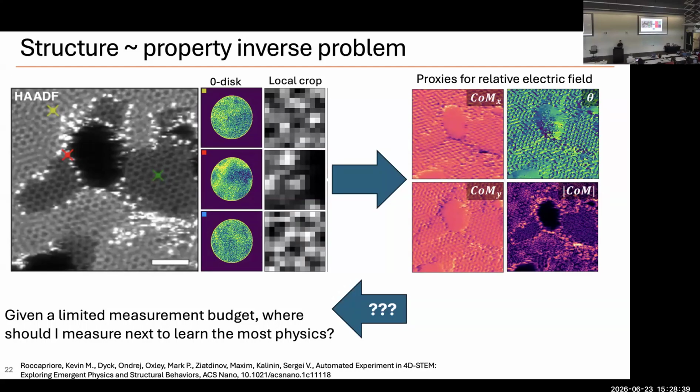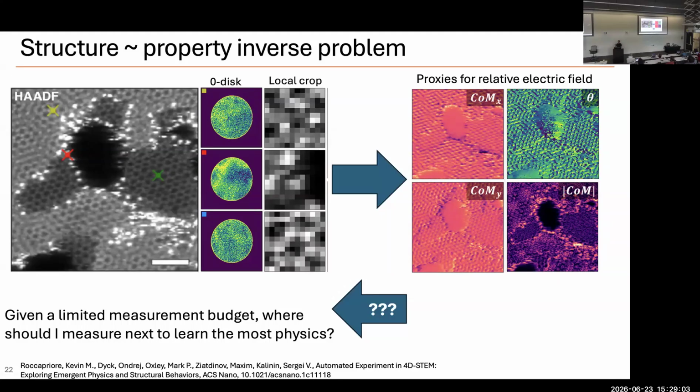Material properties are directly linked and inseparable from their local structure. So in a straightforward sense, you can identify the structure like here in the HAADF image, measure some property at a location. In this instance, we will take a diffraction pattern and look at the zero disk.